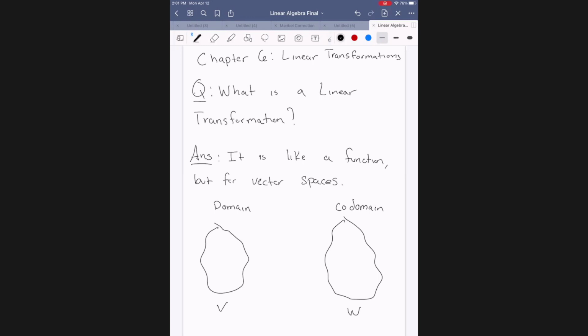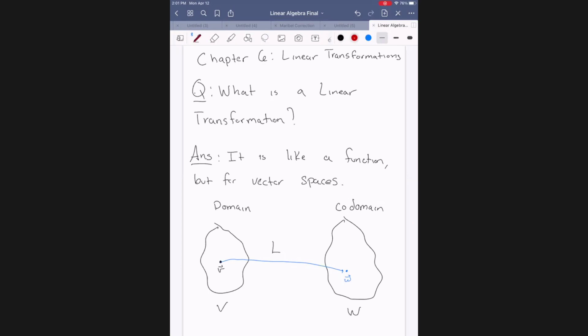So you have a vector here in this vector space, V, and it gets mapped to this vector over here called W. And then we call the linear transformation L. So L maps V to W, okay?